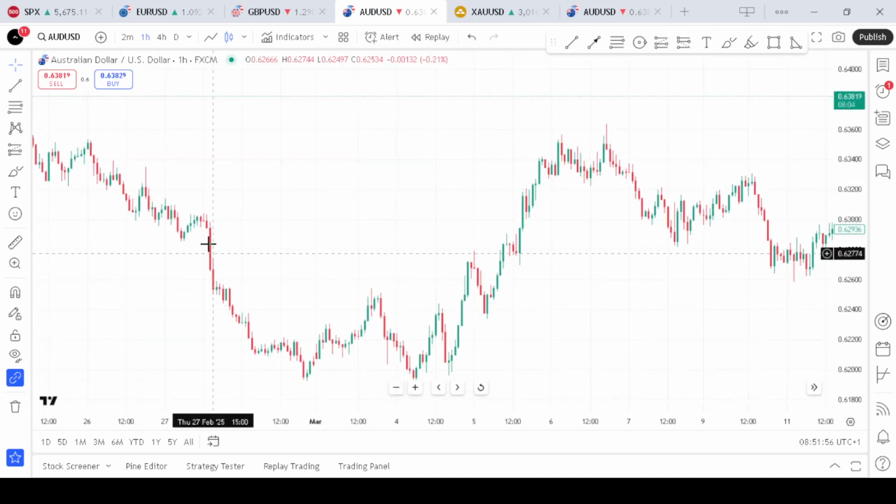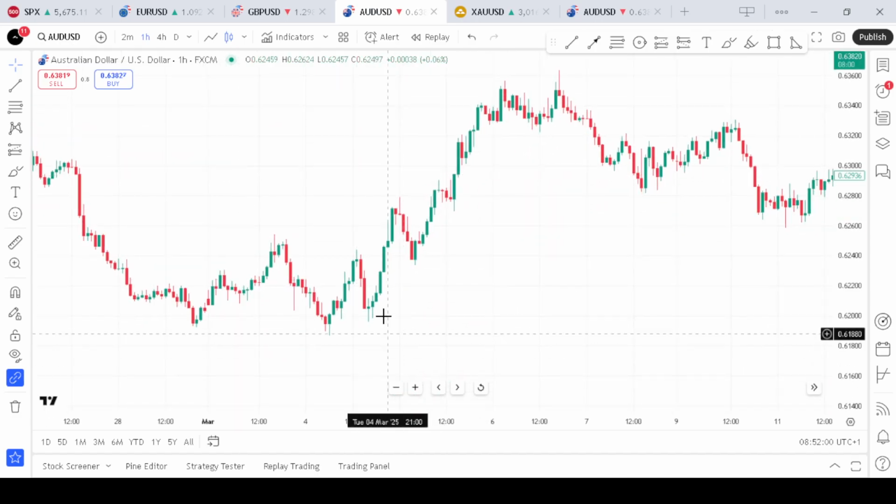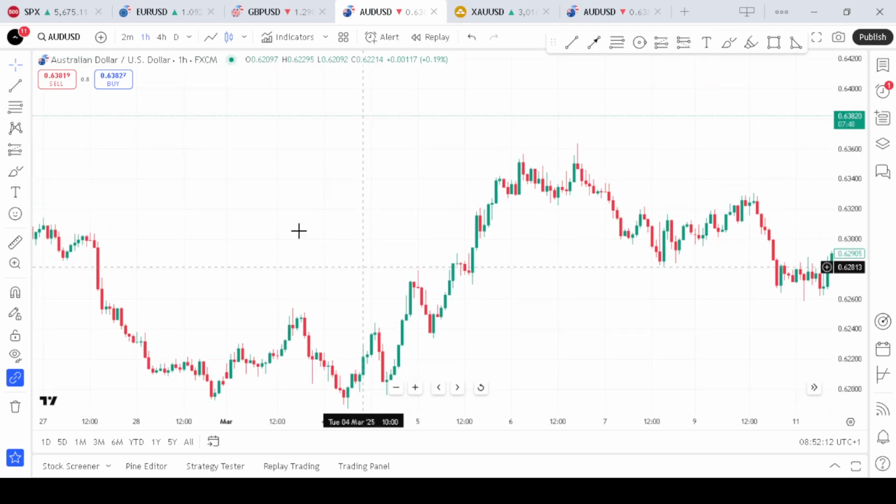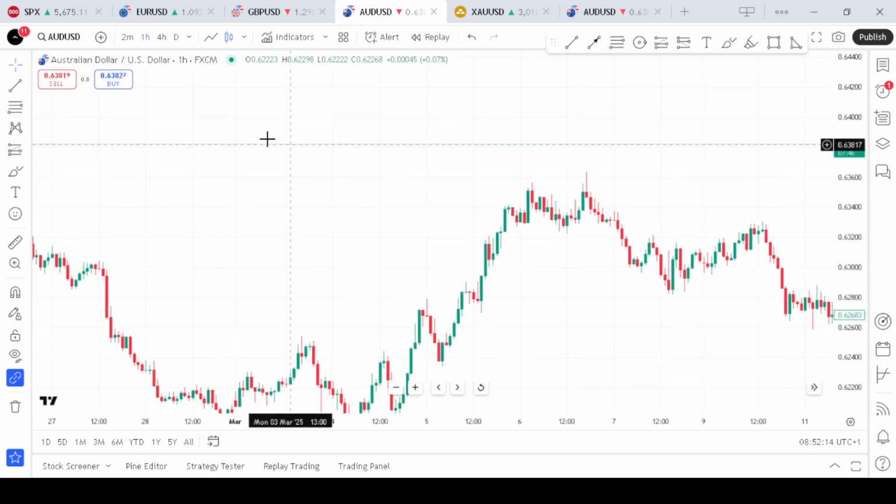I can spot a bearish engulfing in this area. I can also spot a hammer in this area. We can spot a bullish engulfing, and we can spot an evening star in this area. This is basically what we need to spot and how to spot them on your chart.